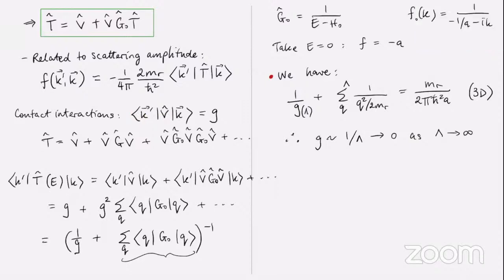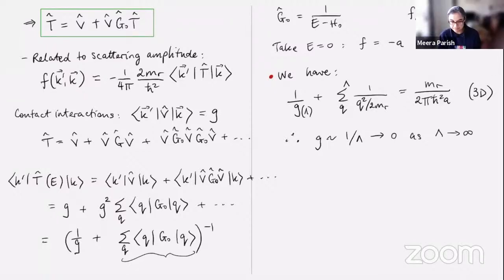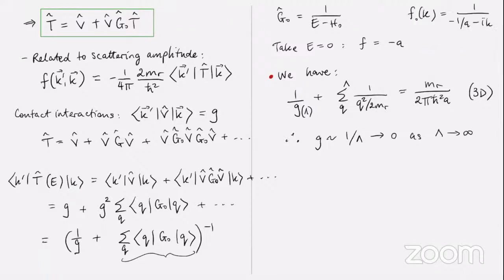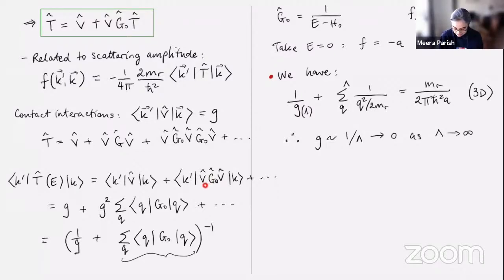So if that's the case, then I don't understand the algebra in the two lines down from that. I thought we would be inserting a resolution of the identity between the V's and G naughts. Yes, that's right, but then we would need to sum over that resolution of the identity for every insertion that we have. The key thing here is that this G naught, on the other hand, is diagonal.